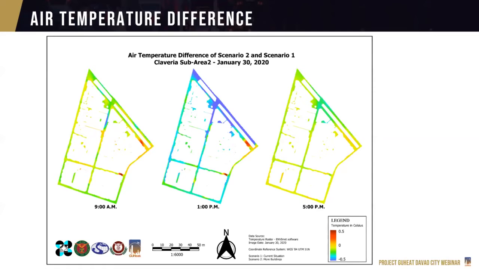We can see that after adding more buildings, the temperature in most parts of the area didn't really change much at 9 a.m. and 5 p.m. However, at 1 p.m., for some reason, most of the areas got cooler. There are also these small areas here and here that got hotter at 9 a.m. and 1 p.m., but didn't really change much after.